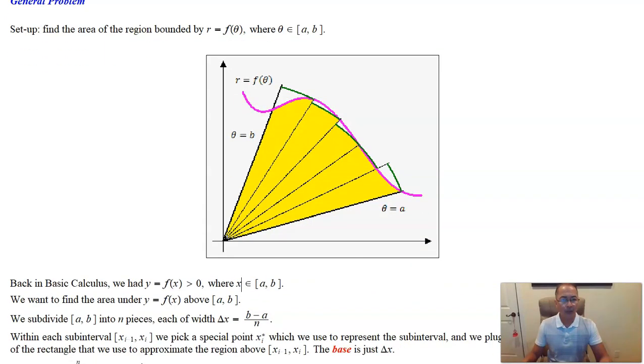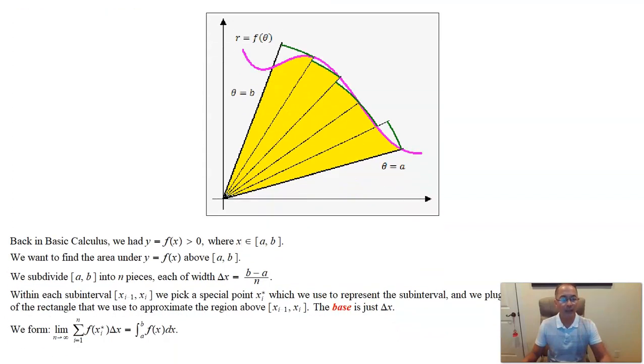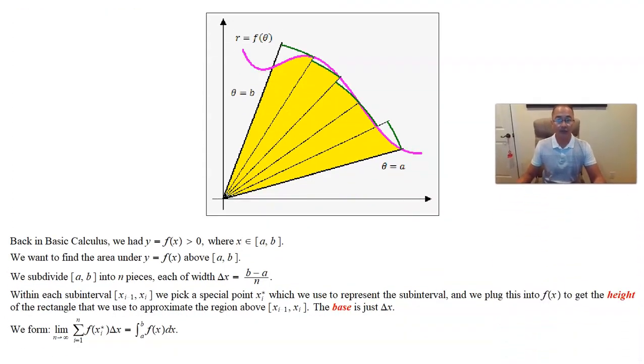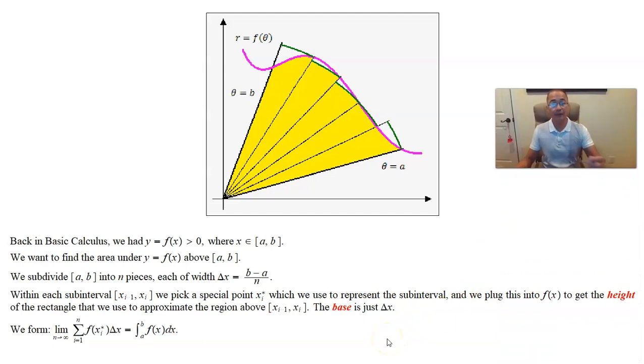Okay, so let's review what we did in basic calculus to find the area under a curve when our function is positive. You subdivide the interval AB into n pieces. Each piece has width delta x. How wide is it? Take the difference, b minus a, divide by the number of subintervals n.